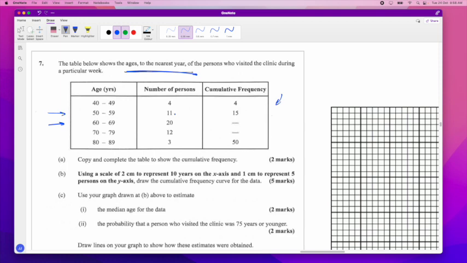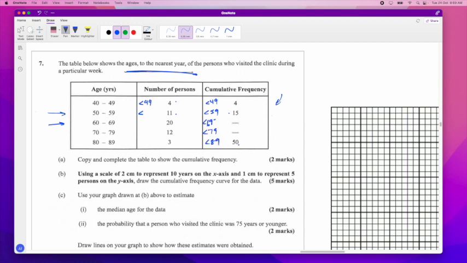So we can see here that 11 plus 4 gives us 15. Right? And so this first table here, this one will be all of the people who are less than 49 years, all of the people who are less than 59 years, I'll put it on this side. Less than 59 years will be the 11 plus the 4, and then less than 69, less than 79, and less than 89.